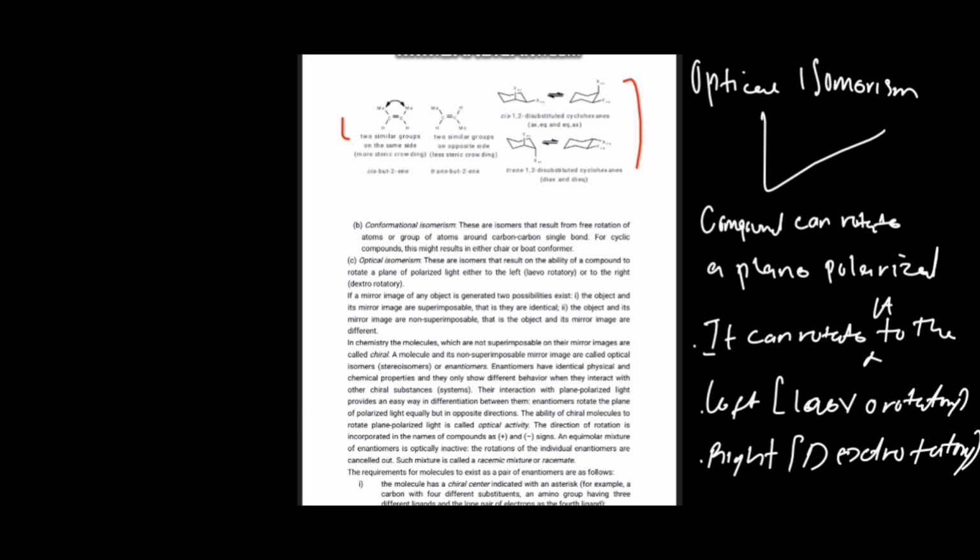That is, in optical isomerism, it happens when a compound can rotate plane polarized light either to the left, which is the levorotatory, or to the right, which is the dextrorotatory.